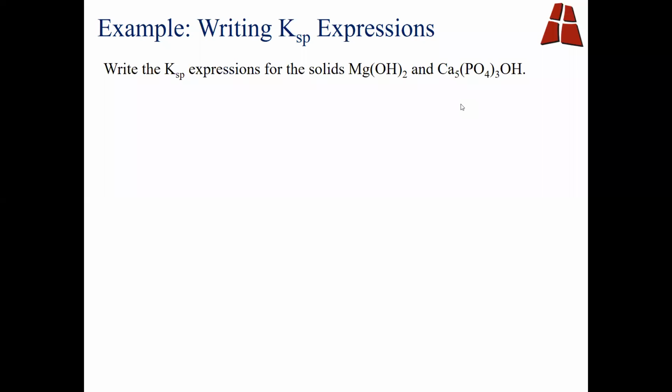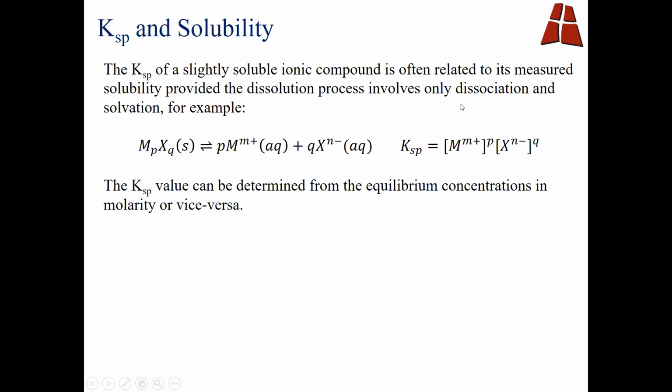Okay, I'm going to keep moving. The Ksp for slightly soluble ionic compounds is related to its measured solubility. Essentially, anytime we are measuring a Ksp, we have a saturated solution, and we are looking to find out how soluble something is. In a lot of these problems, I will ask you what the molar solubility of a particular salt is.